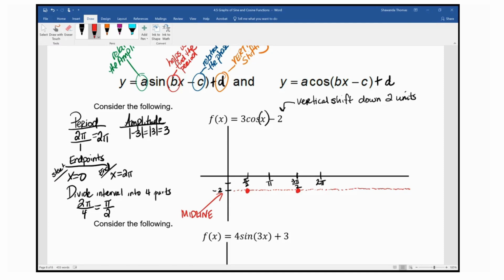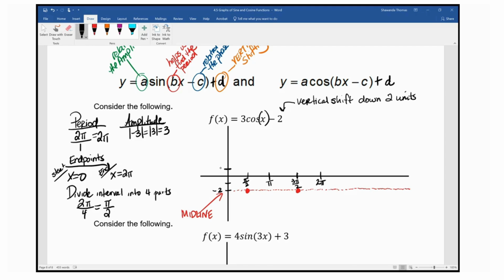Here's the little weird part. Since we shifted down 2 units, our amplitude is not going to be where it usually is when we just stick a 3 up here. No, we're going to go up 3 units from where we are. If we're at -2 right here and go up 3 tick marks, 1, 2, 3, where are we? +1.